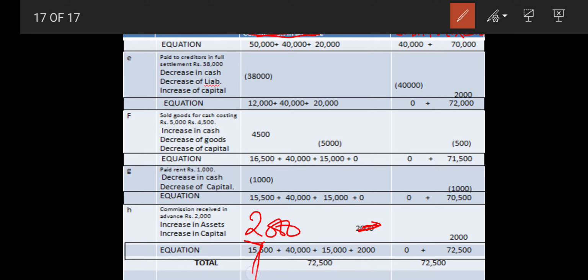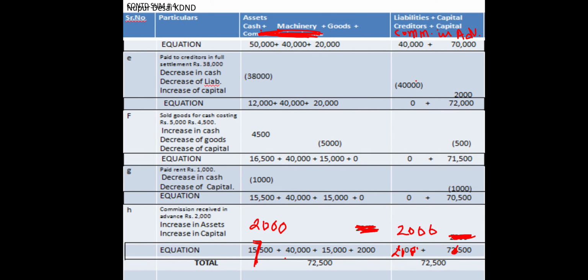So it will be 17,500 over here. So this will be the scenario, commission in advance, then it will increase your creditors 2,000.